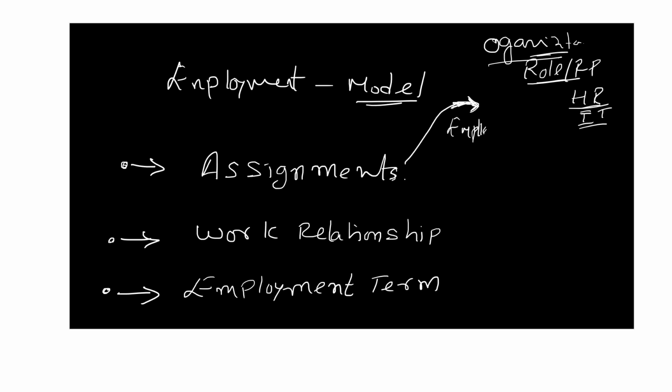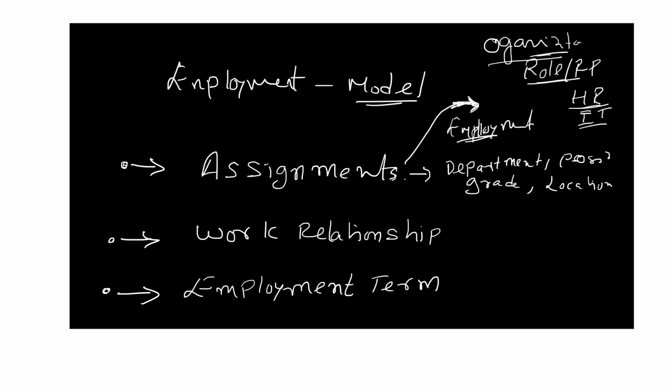If you have noticed in the Fusion application, there is an employment page where we capture the assignment information: for which department we are working, what is my position, what is the grade, and what is the work location.